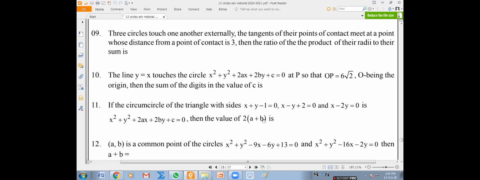Okay, in 11th one, the triangle is a right angle triangle, so it is easier. Otherwise, normally we have to do a little lengthy, but first line and second line are perpendicular here.